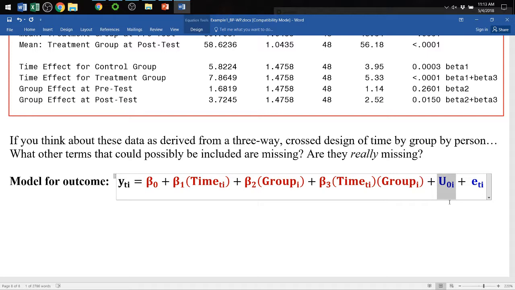But in the same way that a main effect of time allows mean differences across occasions, a random intercept for persons allows mean differences across persons. The difference is that I'm estimating a variance across persons rather than every specific mean difference across persons that would come with it.